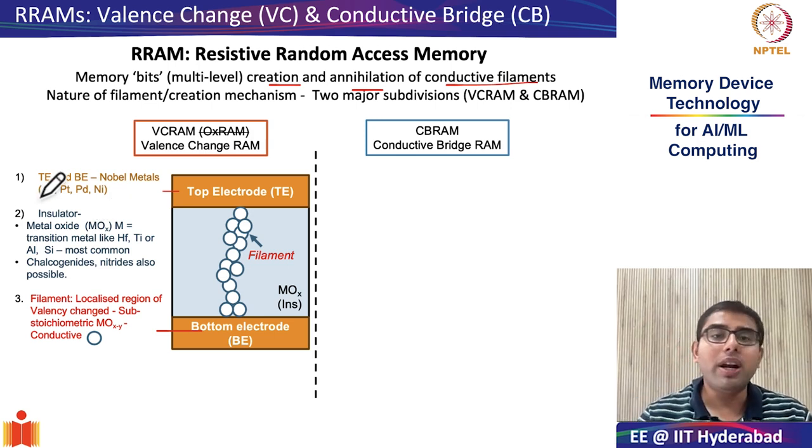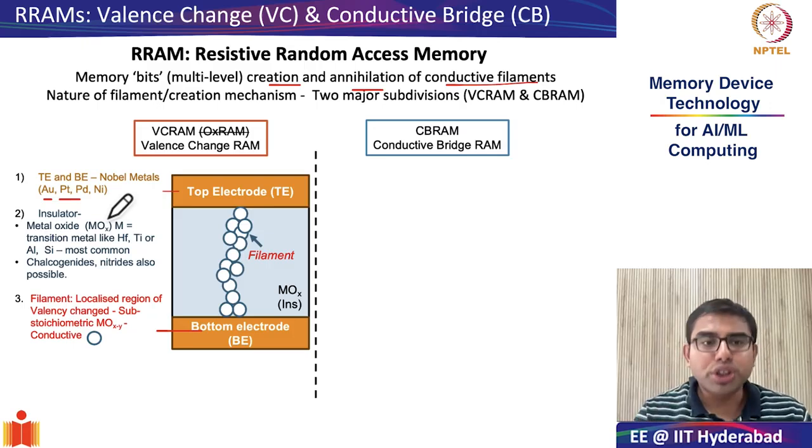Some of the common noble materials which are used for making VCRAM's top and bottom electrodes are gold, platinum, palladium and also nickel. What is the insulating material? The insulating material is generally a metal oxide of the form MOx, where M most of the time is a transition metal like hafnia, titania, tantalum, and so on.